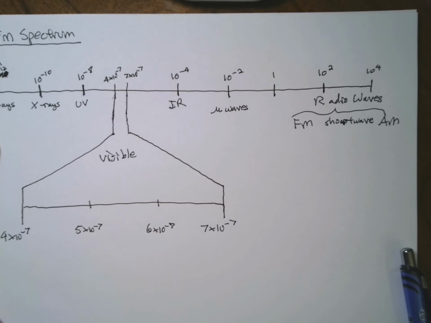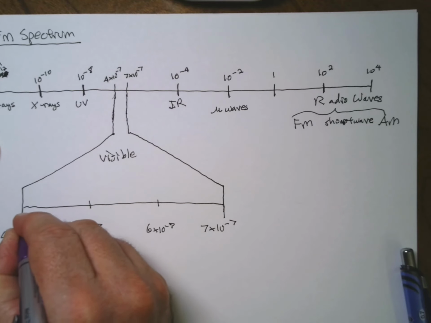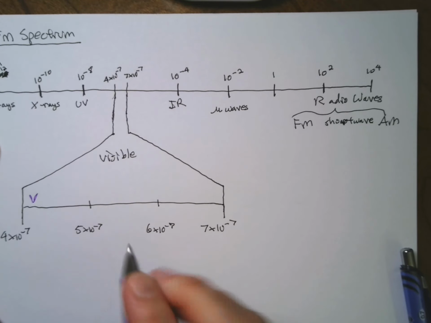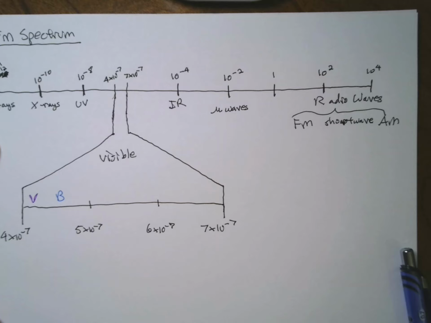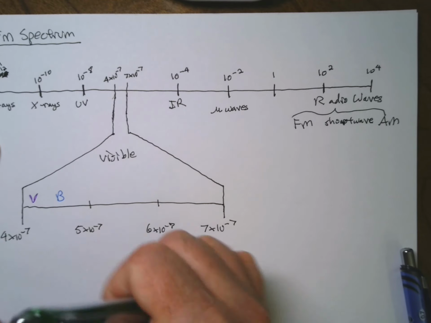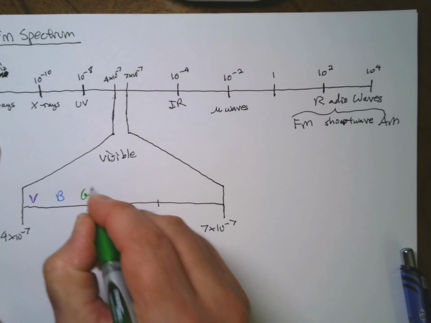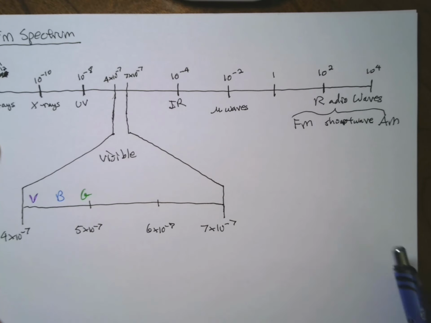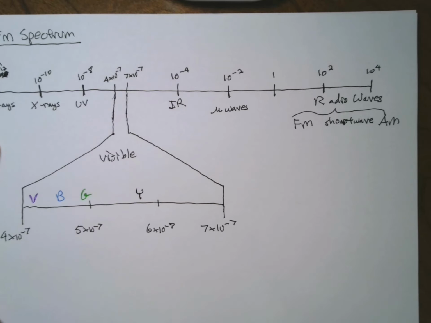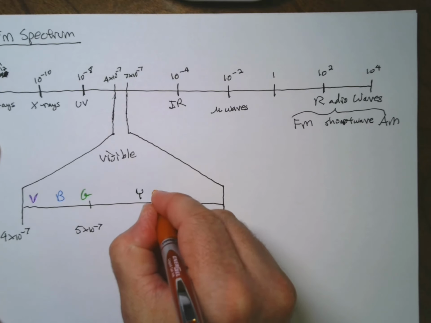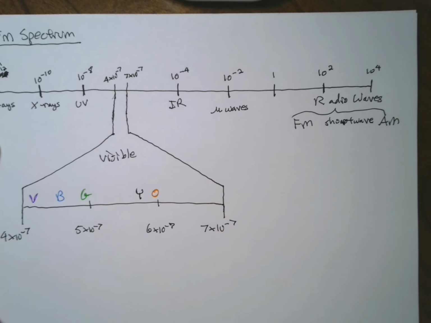We have violet with the shortest wavelength and highest energy, followed by blue, then green, yellow, I don't have a yellow pen, unfortunately, orange, and then red.